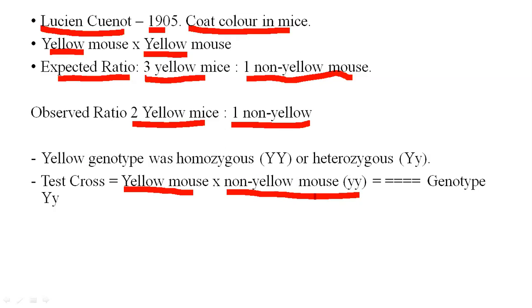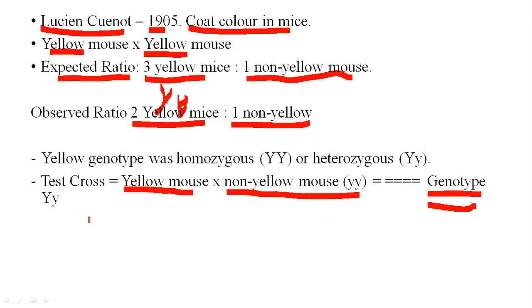The non-yellow mouse was small y. Then we can get the genotypes and ratios, and know what the genotype is. He found that the genotype in all these yellow mice was capital Y and small y.